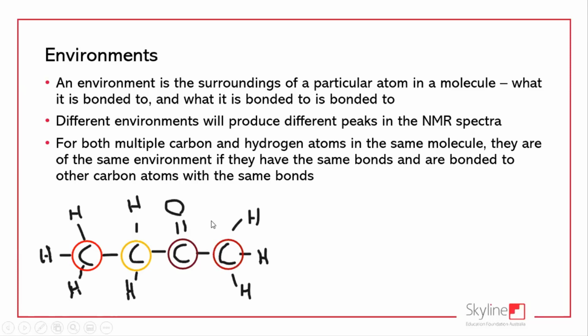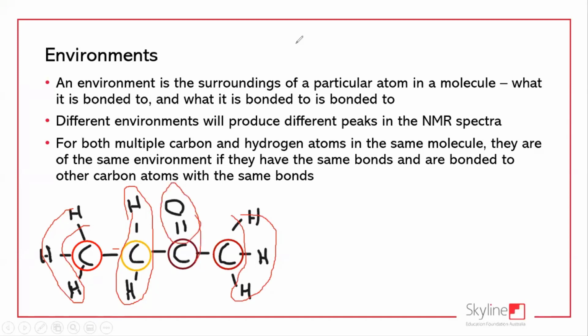Now this carbon here is actually our 4th environment. People are like, but it's bonded to 3 hydrogens and another carbon. Why isn't it the same as our first one? Well, our first one is bonded to 3 hydrogens and then a carbon that's bonded to 2 hydrogens. This carbon here is bonded to 3 hydrogens and a carbon that's bonded to an oxygen.